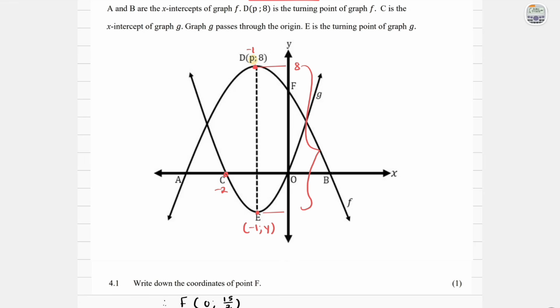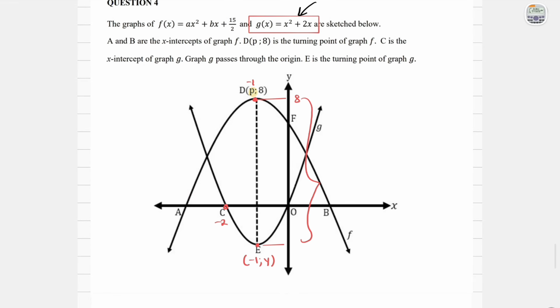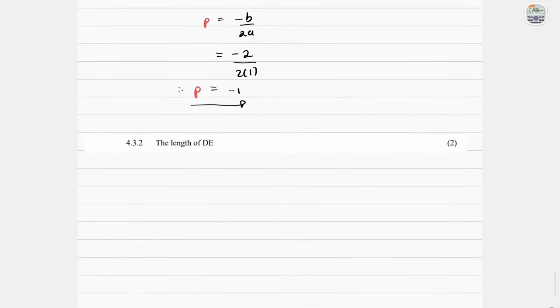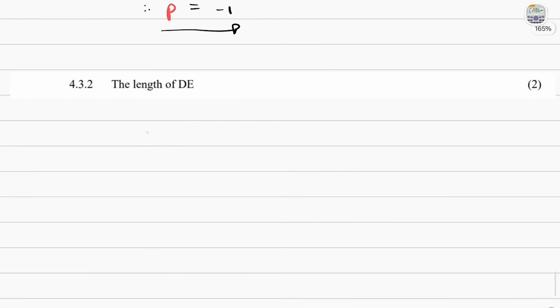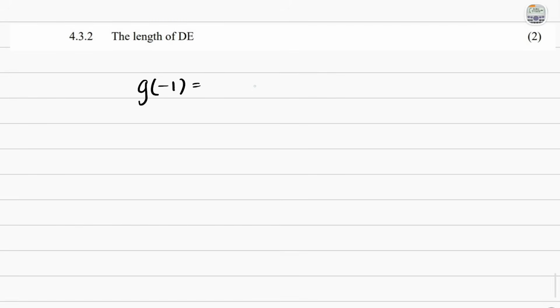E lies on the graph of g, and we have the full equation, and we also know the x value is negative 1. So let's substitute negative 1 into g. g of negative 1 is equal to negative 1 all squared plus 2 times negative 1. That's going to be negative 2. 1 minus 2 is negative 1. So the y value of point E is negative 1.